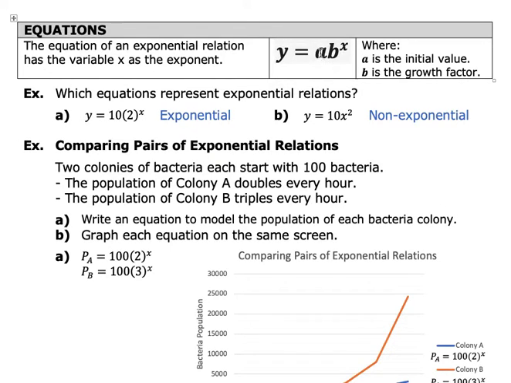So we said earlier that a is the initial value, and for each case it's starting with 100. So a for each equation will be equal to 100. But b is the growth factor. Colony A doubles, so we can express that as the following.